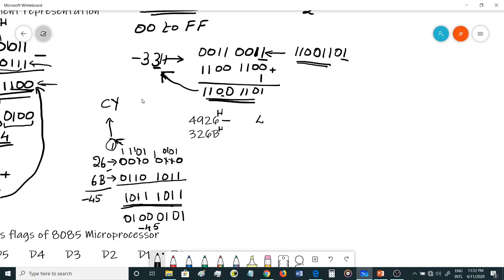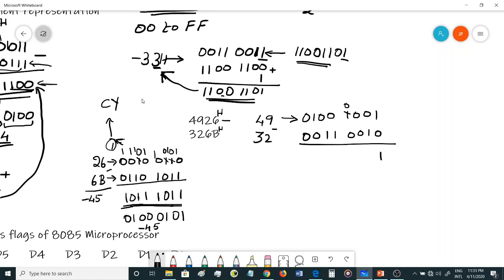Now what is 49? 4 is 0 1 0 0, and 9 is 1 0 0 1, and for 32, 3 is 0 0 1 1, and 2 is 0 0 1 0. We need to subtract these two numbers. Now if you subtract, here 1 minus 0 is 1, 0 minus 1, you have to take a borrow from here, 0 1 1 0.